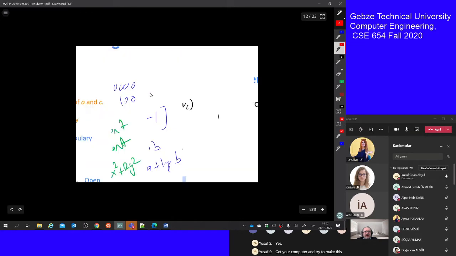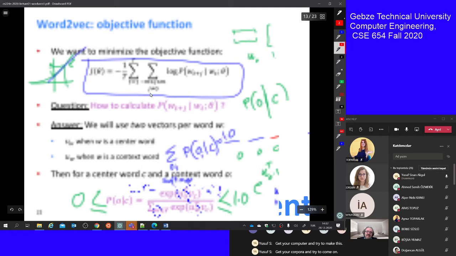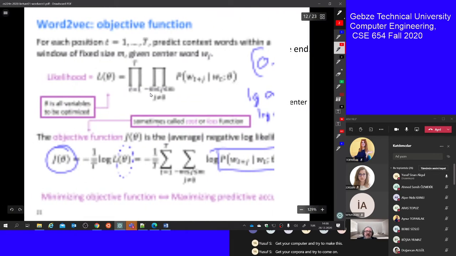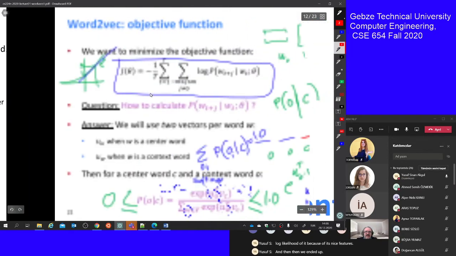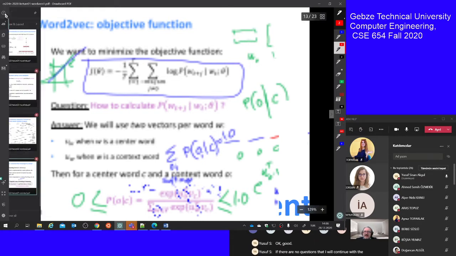Get your corpora and try to make this multiplication as large as possible, but we take the negative log likelihood of it because of its nice features, and then we ended up optimizing this objective function. Okay, good. If there are no questions, then I will continue with the next slide set.